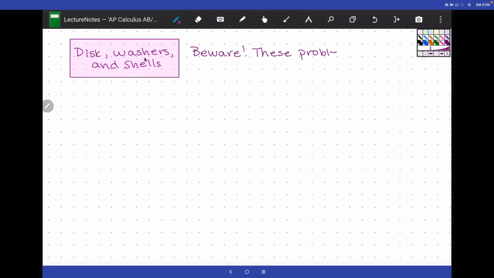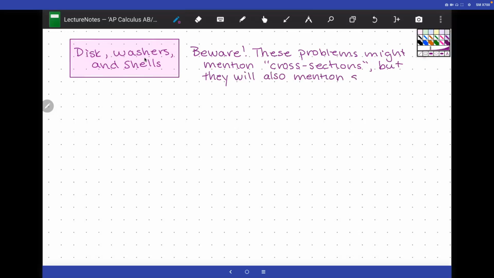These problems might mention cross sections, but they will also mention something about an axis of rotation. So just beware.